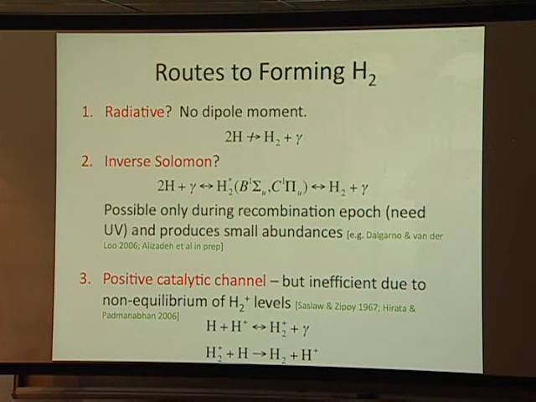And then it could decay back to the ground electronic state of the H2 molecule. You'll recognize this type of process is actually the inverse of H2 photodissociation. And indeed, if you went early in the recombination epoch, when the universe is still in something resembling equilibrium, you put a few hydrogen atoms in there. This actually establishes an equilibrium abundance of H2.